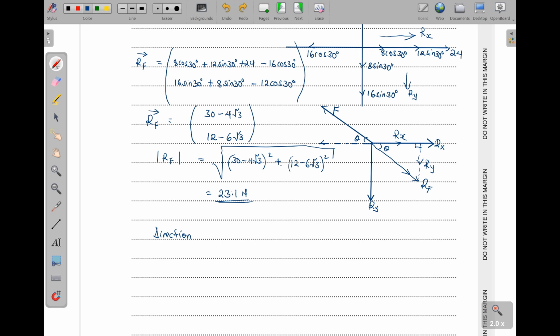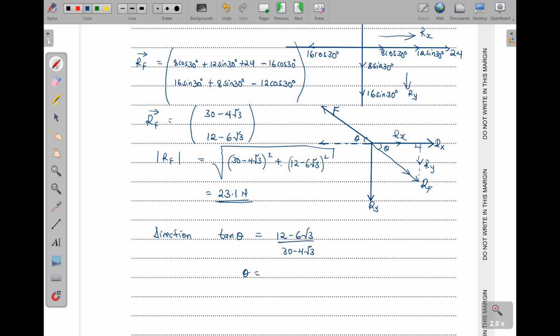Now we are going to have tan theta, because this is opposite over adjacent, so we shall use tan theta. Tan theta is equal to the opposite, the Ry, which is 12 minus 6 root 3, divided by the Rx, which is 30 minus 4 root 3.